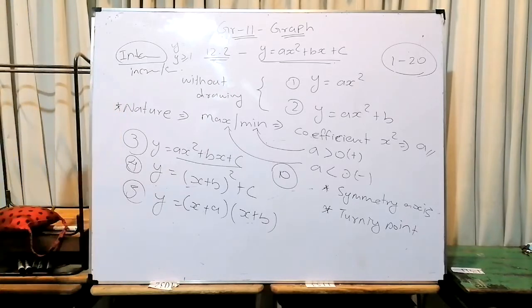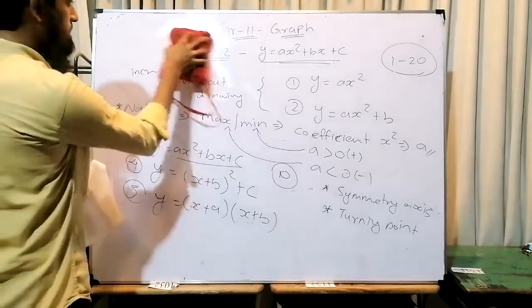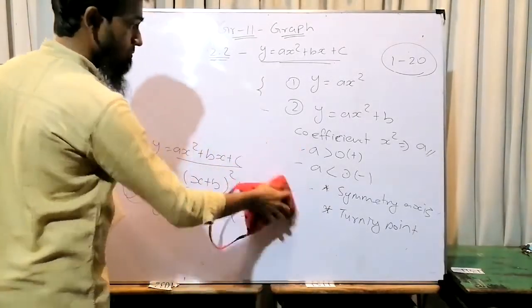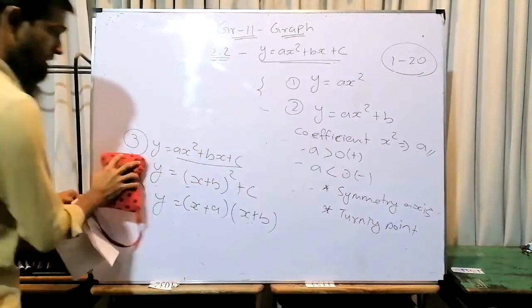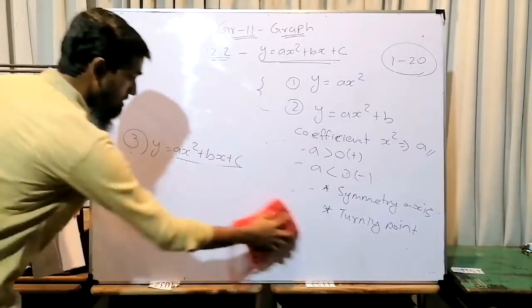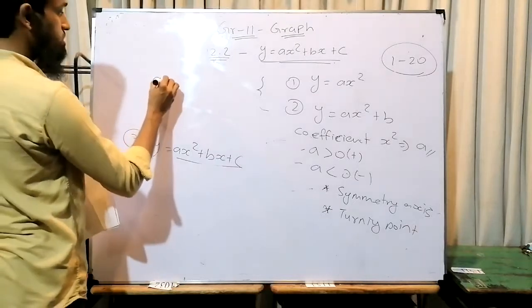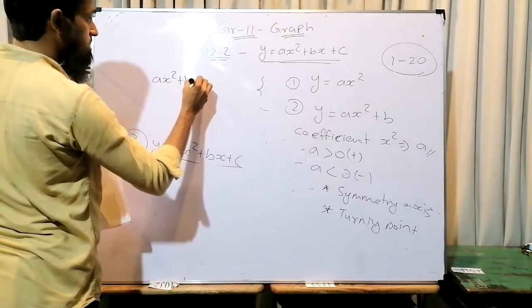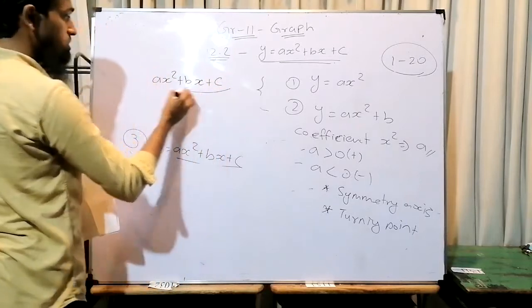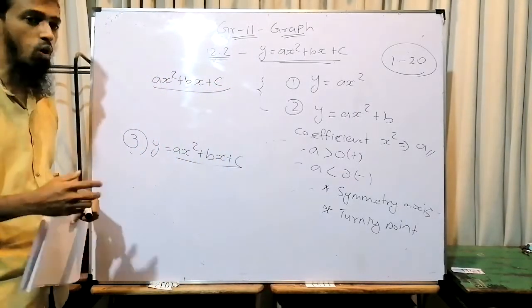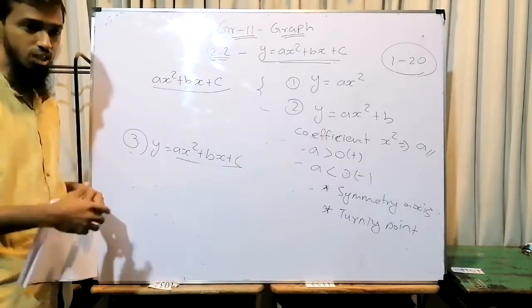So 12.2, the equation, as I say, is familiar to us. One part of the equation is ax squared plus bx plus c. This format belongs to a quadratic equation or quadratic expression.